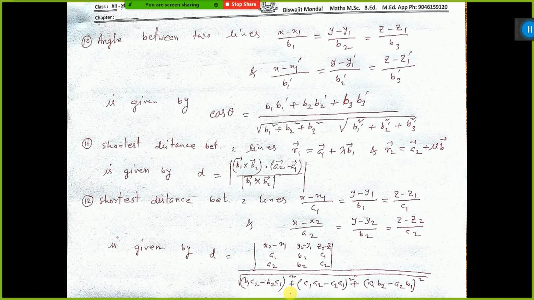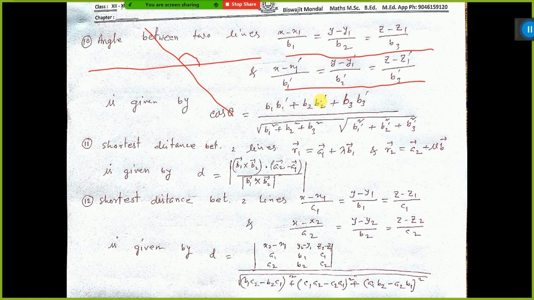But if it is the Cartesian equation, let's say two straight lines are given, one is this, another is this. Then the angle between them, in Cartesian form, I have written here also in Cartesian form, the formula will be b1 into b1 dash.